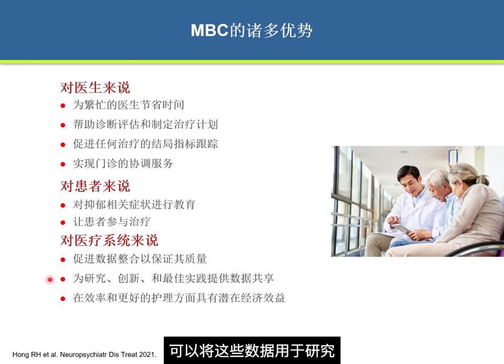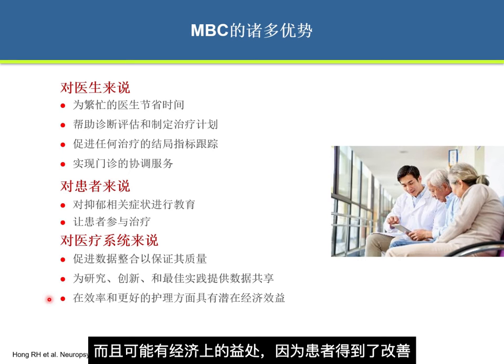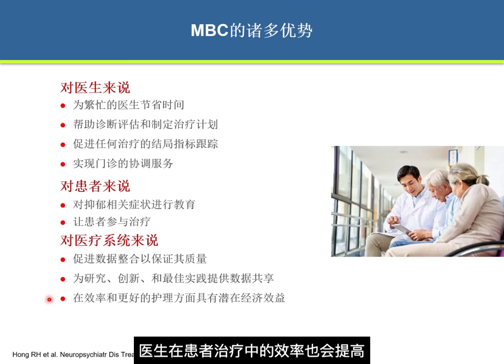You can examine data for research purposes and for determining best practices. And there may be economic benefits because patients are getting better and the clinicians are more efficient in terms of their care of the patient. So again, many advantages to measurement-based care for doctors, for patients, and for the healthcare system.